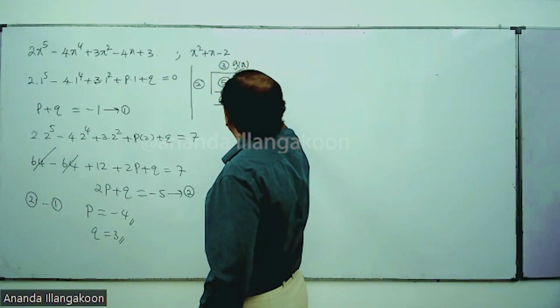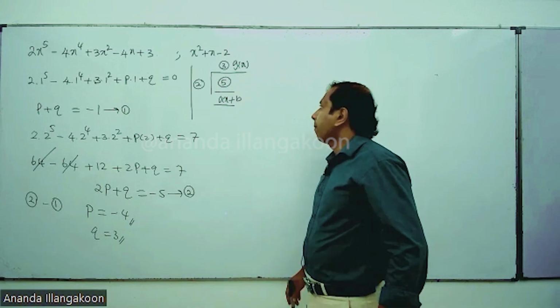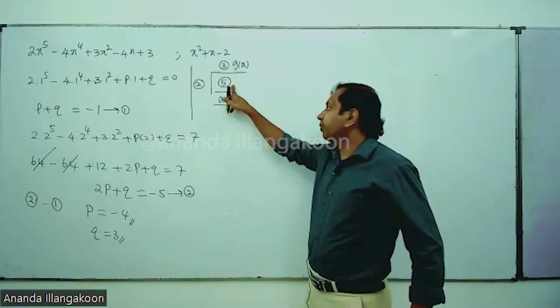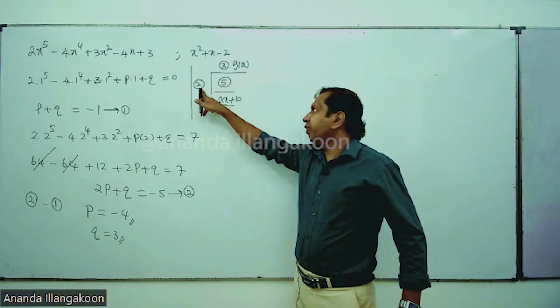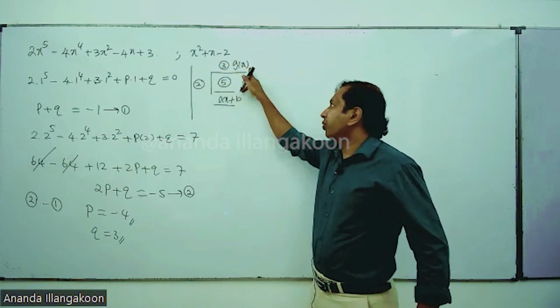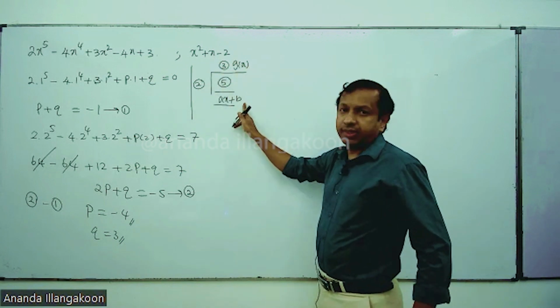Right now, here we have this polynomial function, and here we have the given divisor. I assume the quotient as g(x), remainder as ax plus b.